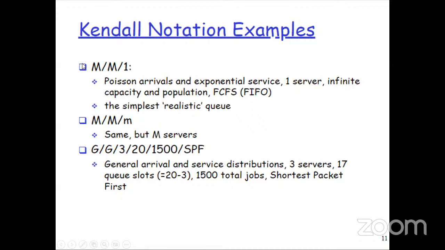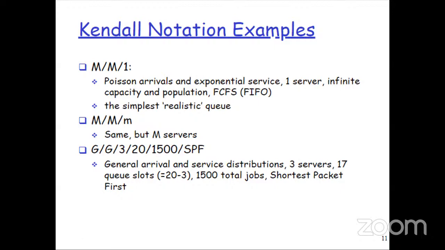It is M/M/1. 1 stands for one server only, where the capacity and the population are unlimited. And the second point, M/M/m, same, but m servers means what? The number of servers is known, means not only one, more than one servers are there, m number of servers. Then the third notation he made is G/G/3/20/1500/SPF.